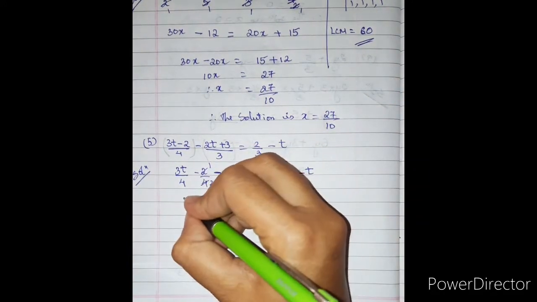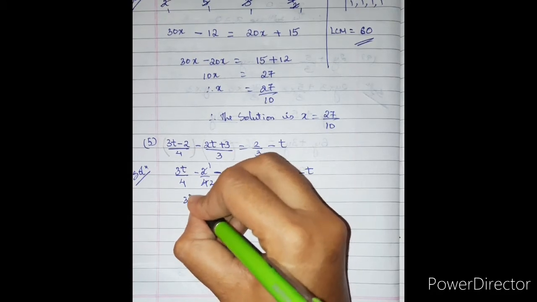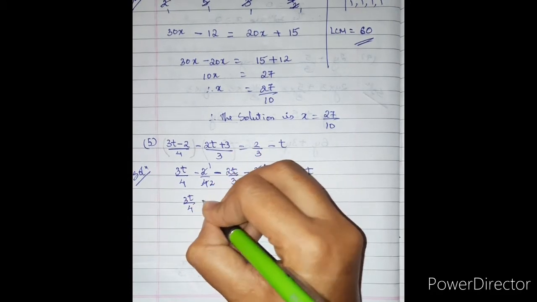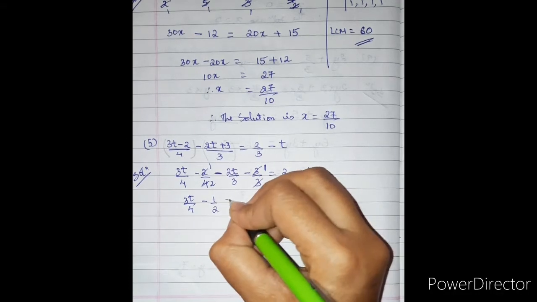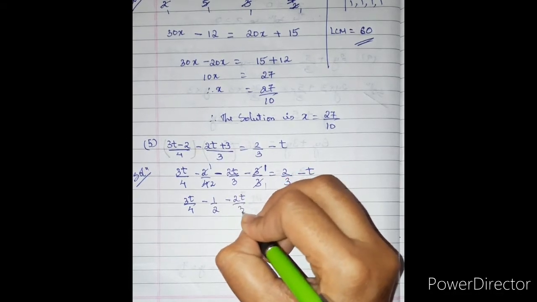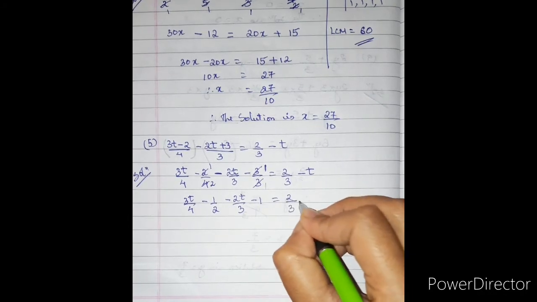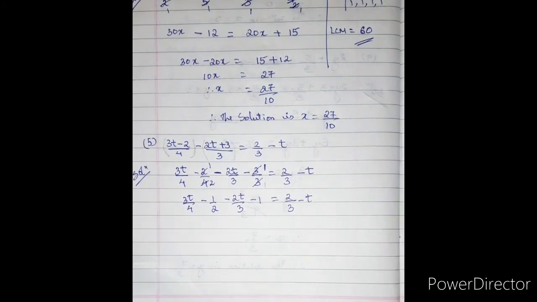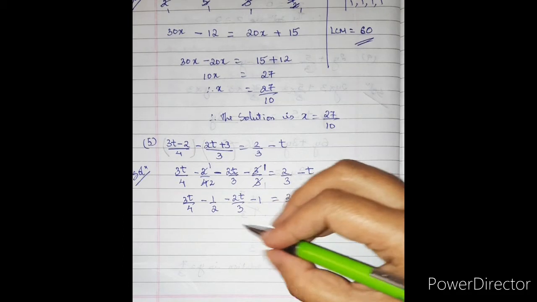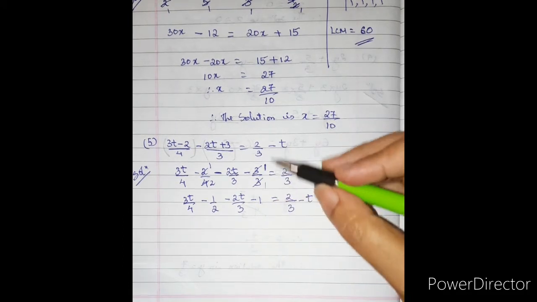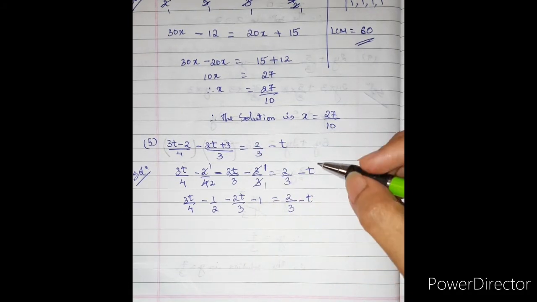So we'll write down 3t upon 4 minus half minus 2t upon 3 minus 1, which is equal to 2 upon 3 minus t. So we have come down to a little smaller equation than what was given to us.